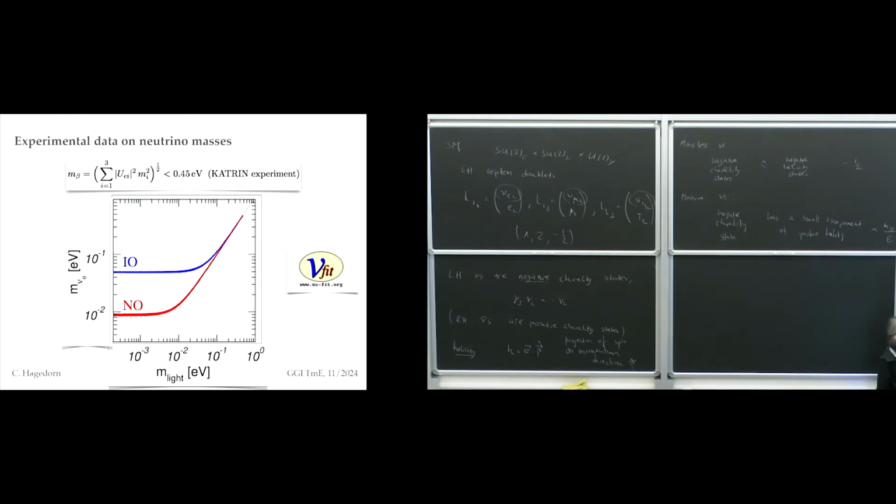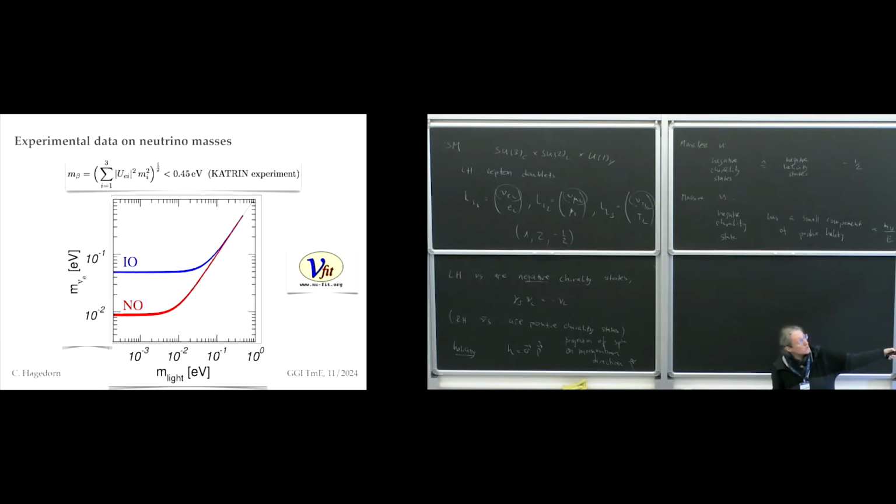One is searches for beta decay, and the real big player there is the KATRIN experiment. They are measuring what is called M beta, this funny combination here, which is not under discussion in the school very much. But you see here the mass squares are also appearing, so you can get some information on the absolute scale of the light neutrino masses through this.